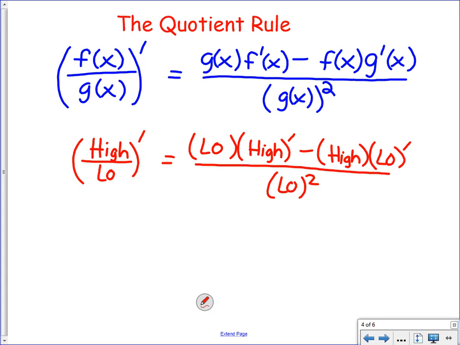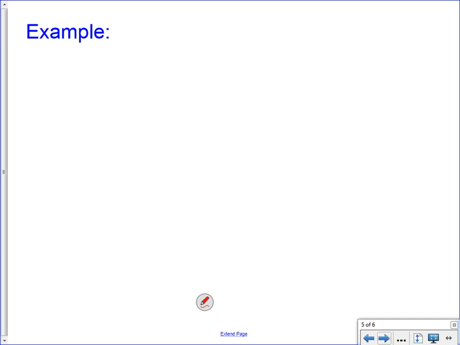So it's kind of a saying that you can say in your head whenever you're finding your derivative. It's definitely helpful for me because you can say it very quickly. Low d high minus high d low all over low squared. And it really helps.